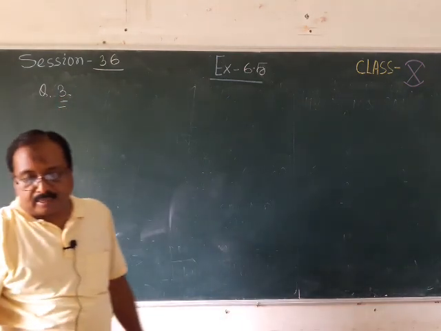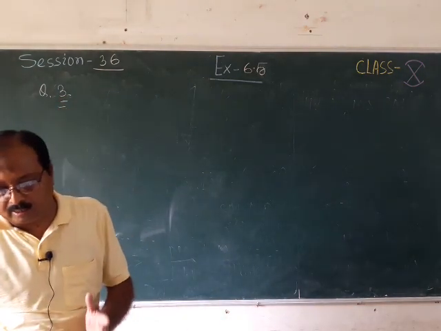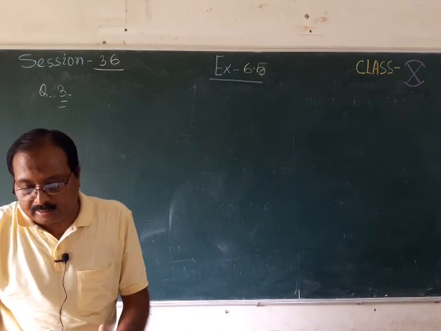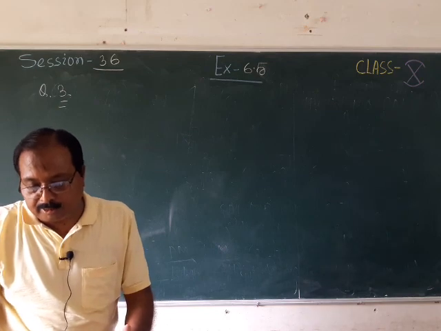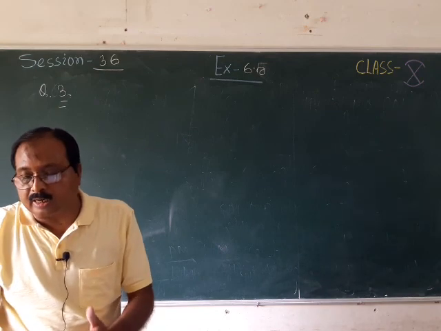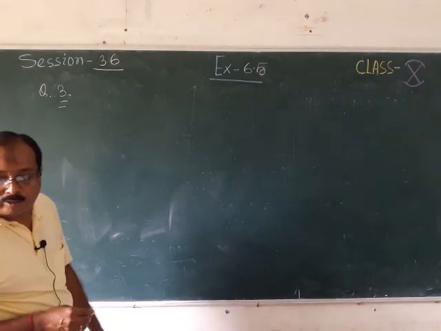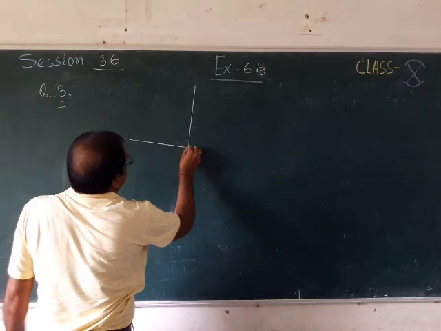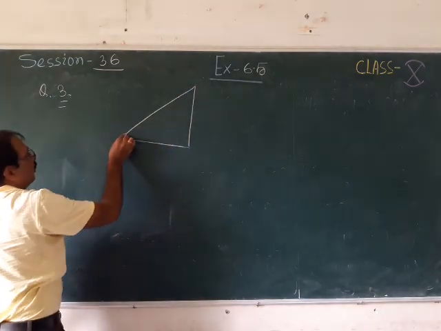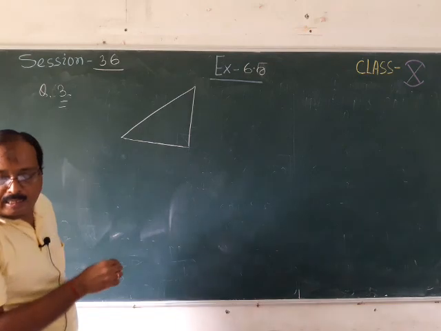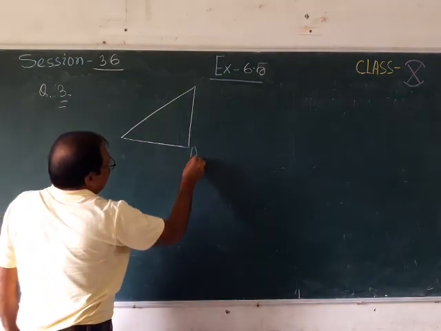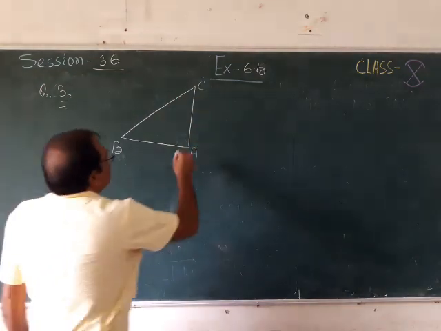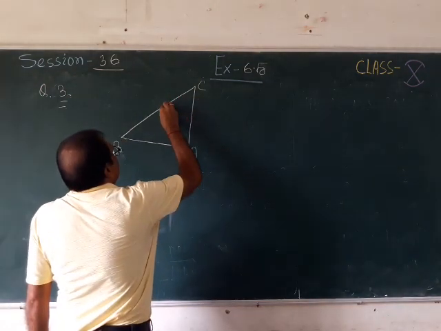Question number 3 is: in the given figure ABD is a triangle right angled at A and AC is perpendicular on BD, so that there are 3 relations. Let us discuss this. First of all, I have to draw the given figure. You have to copy down the figure first: here it is A, then B, then here C, and AC perpendicular is drawn there.